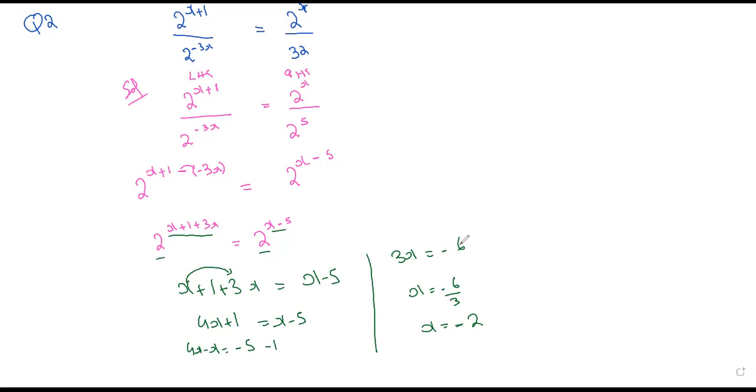Let's talk about another question. So we have a to the power 3 by 2, b to the power 5 by 4, whole power 4.